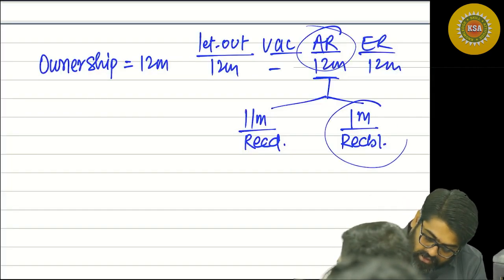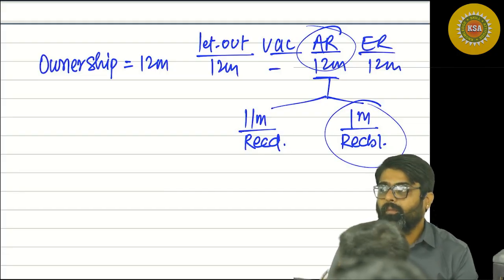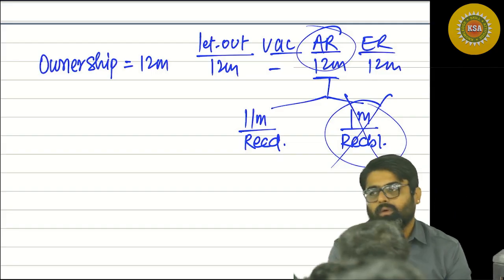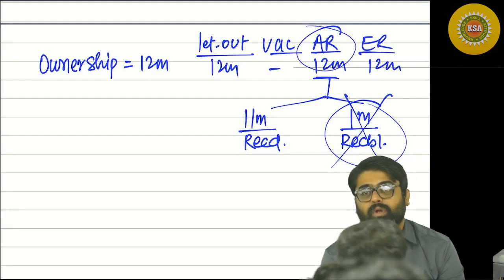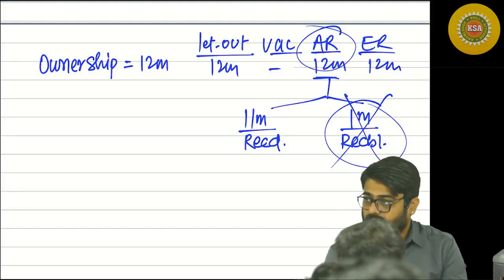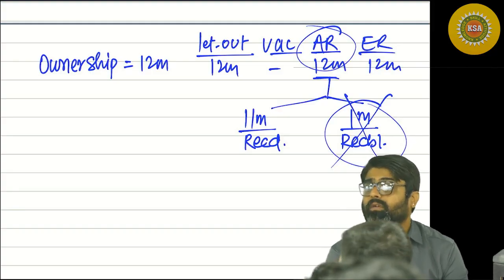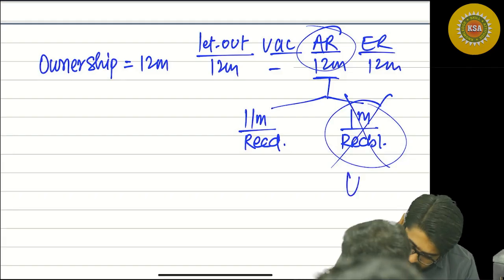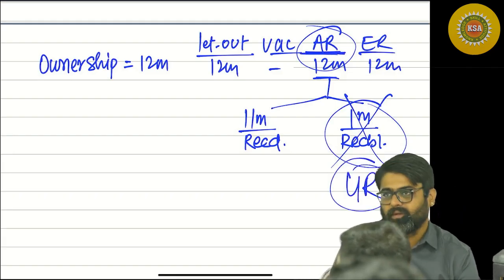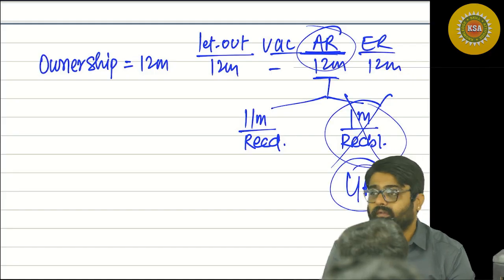So how many months rent was receivable? 1 month rent could not be received. It became bad debt. So this is unrealized rent. Unrealized rent is nothing but that part of actual rent which you could not recover.